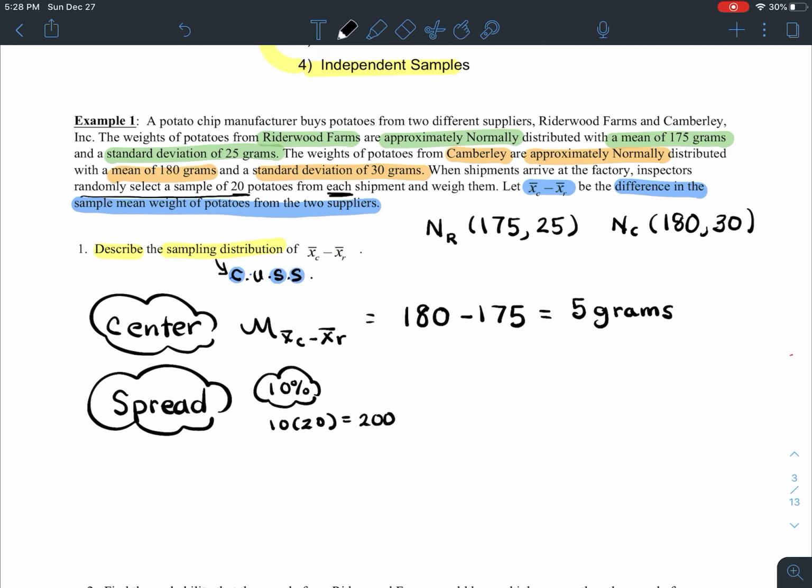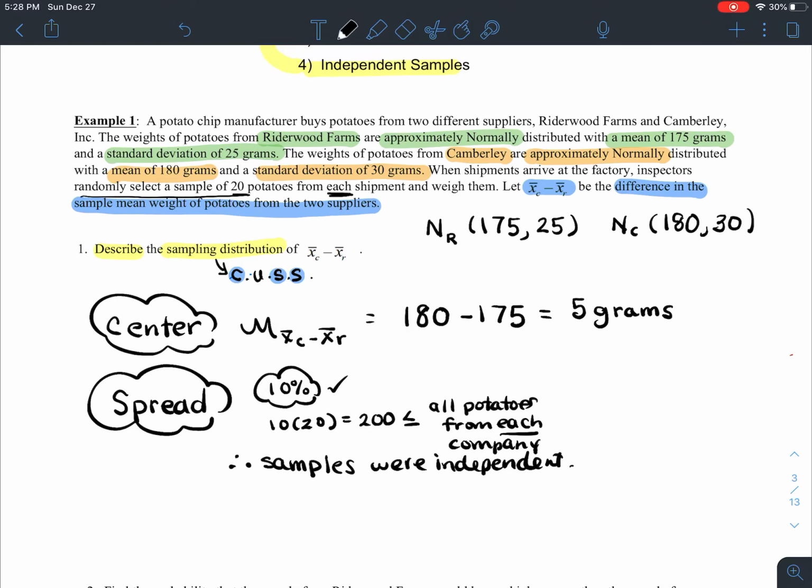I'm going to take 10 times 20, that equals 200, and make a statement that that's less than or equal to all potatoes from each company. That satisfies both Camberley and Riderwood Farms. Since the 10% condition is satisfied, we can conclude that our samples are independent.